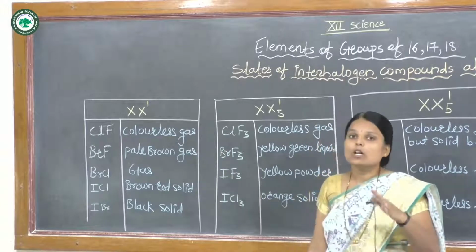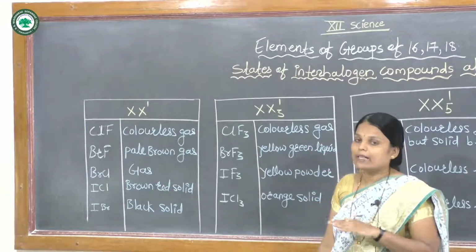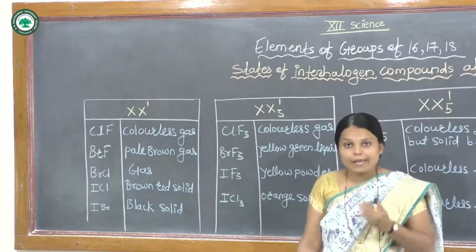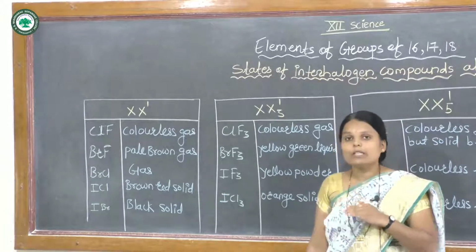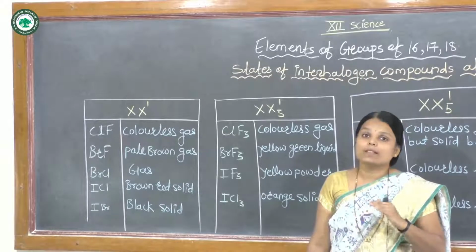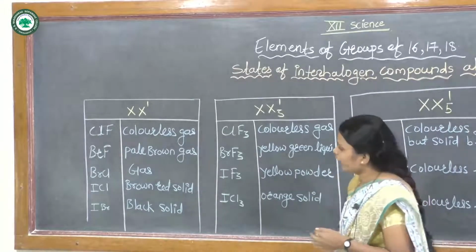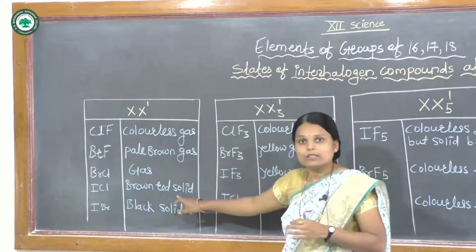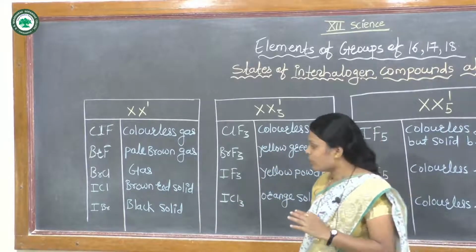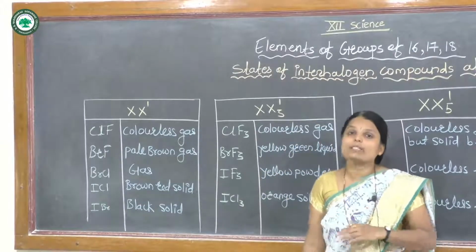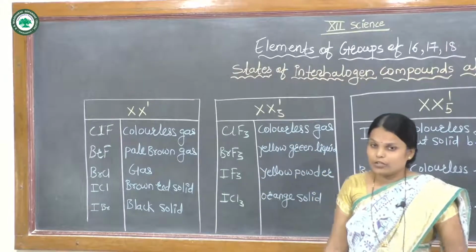The first is chlorine fluoride, a colorless gas. The second is bromine fluoride, a pale brown gas. The third is bromine chloride, a gas. The fourth is iodine chloride, a brown red solid. The last is iodine bromide, a black solid.